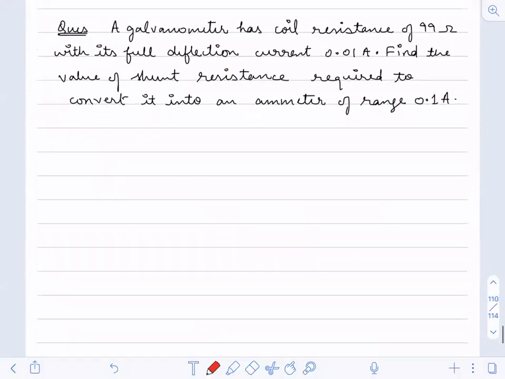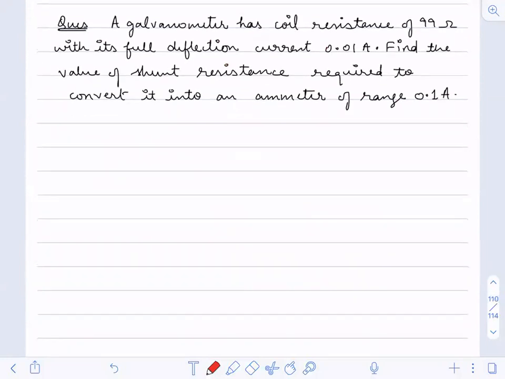Yeah, this is the problem. Just read the problem. It says that a galvanometer has a coil resistance of 99, so Rg value is 99 ohms.